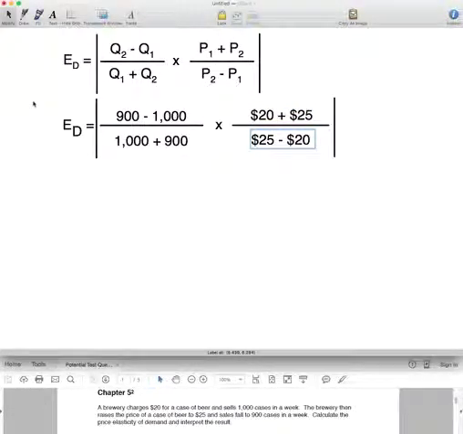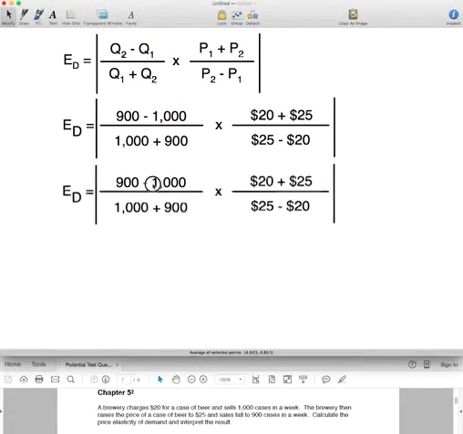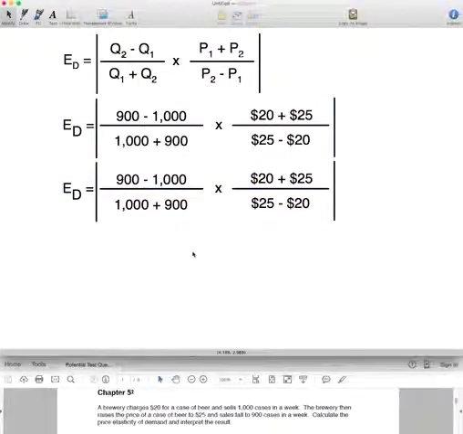So we get that. We can reduce this down even further. So we have 900 minus 1,000, so we will get minus 100 in the numerator, and in the denominator we have 1,000 plus 900, so we end up with 1,900.